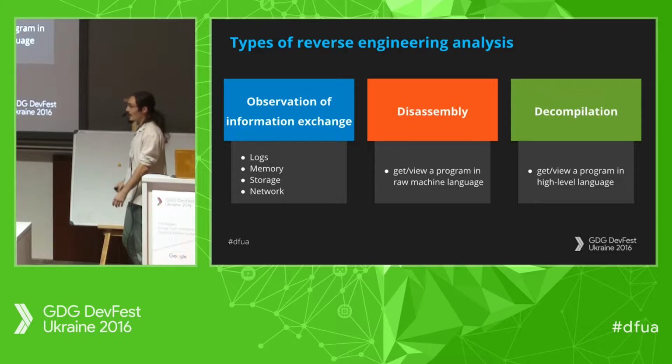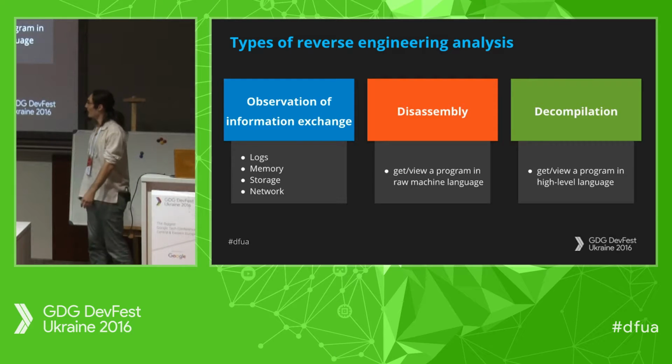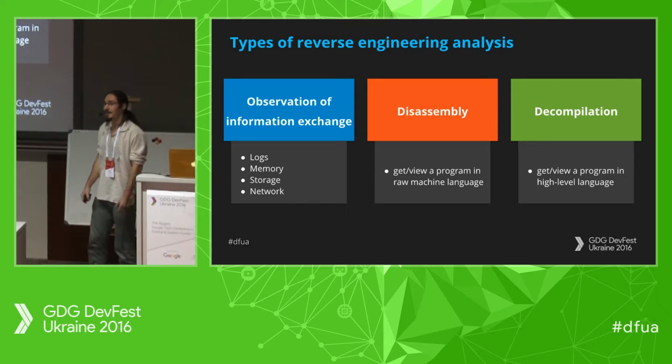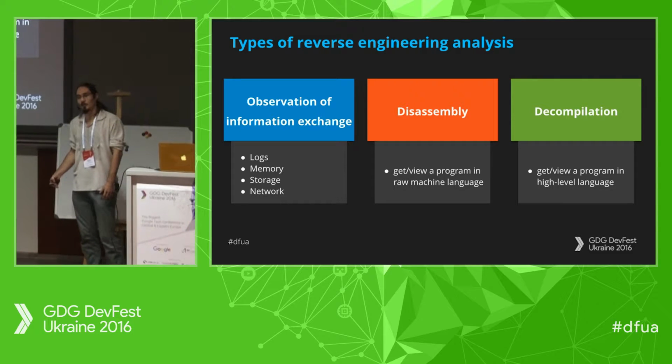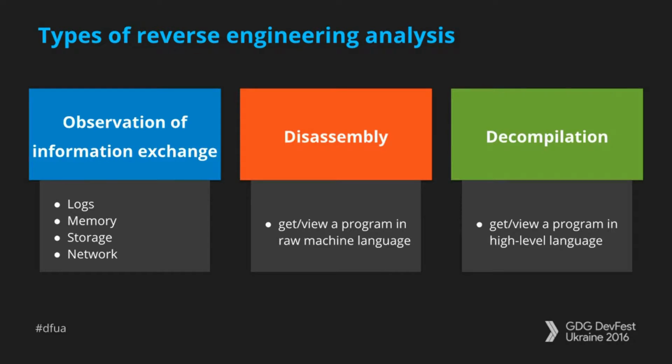So, there are two main methods of reverse engineering. First one, dynamic. It's when we start the application and observe its information exchange. We get logs from this application, we make memory and storage dumps, we look at network communication.